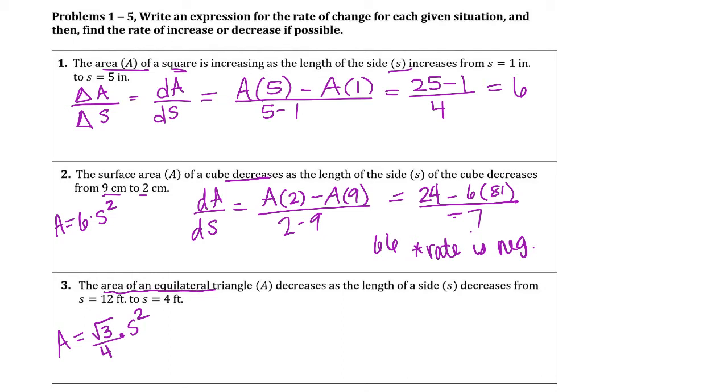You won't have to. So again, we're talking about the change in the area with respect to the change in the side length. And so we're going to have A at 4 minus, because we are decreasing, A at 12, and that's all going to be over 4 minus 12.